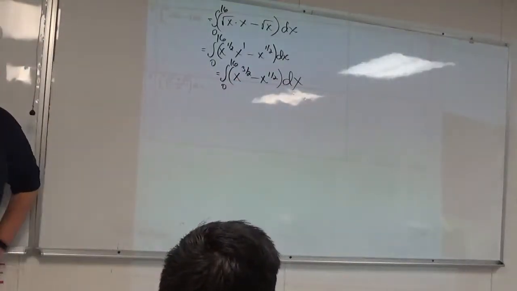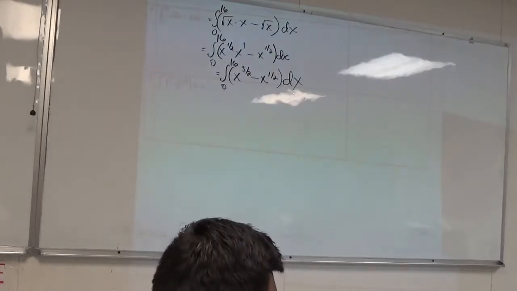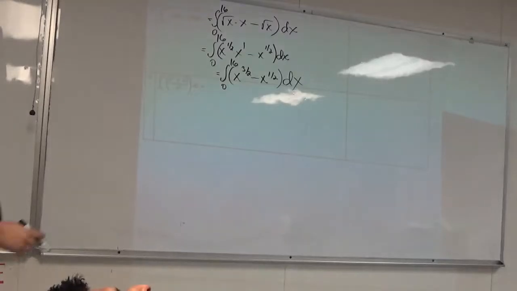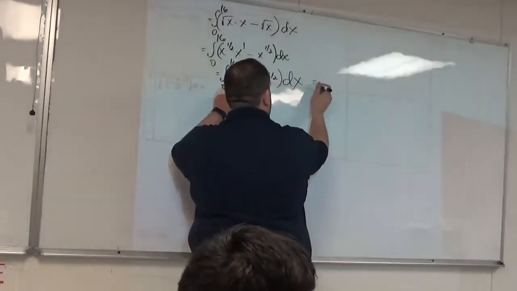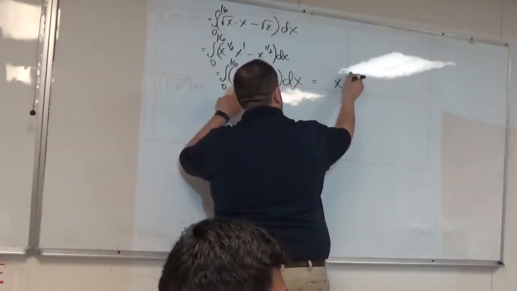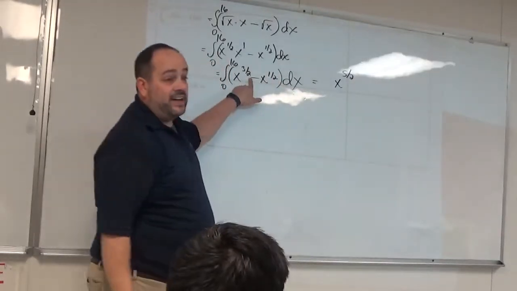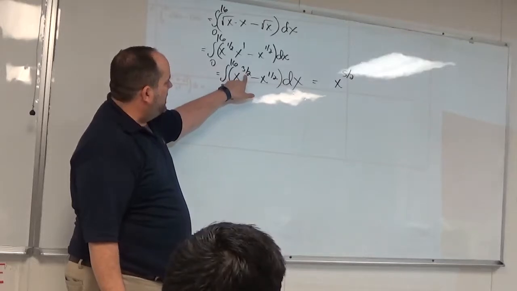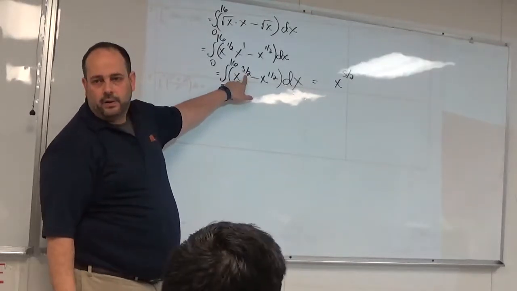Are we at a point where we can integrate this? Yes. We should be. It should be power rule and power rule. X to the 3/2. The power rule says add 1 to that power. 3/2 plus 1 is 5/2. I'm going to start going faster with the fractions. Add 1 to the power. Divide by the new power.